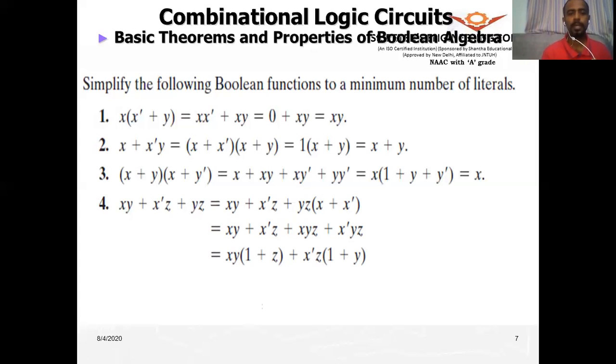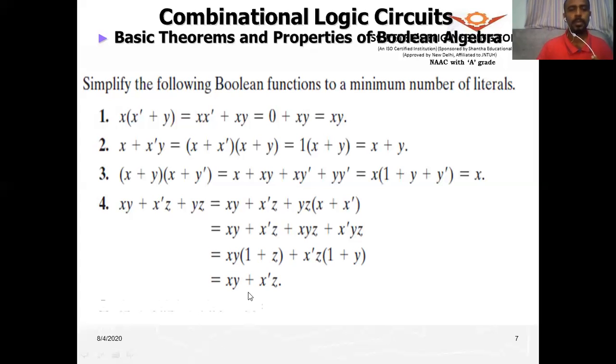So xy is here and xyz is here. When you take out xy as a common factor, you get 1 OR z, which will be equal to 1. Similarly, you have x complement z and x complement z y. When you take out x complement z, by the absorption law, z and y are eliminated, and the 3 terms are now reduced to only 2 terms in the equation.